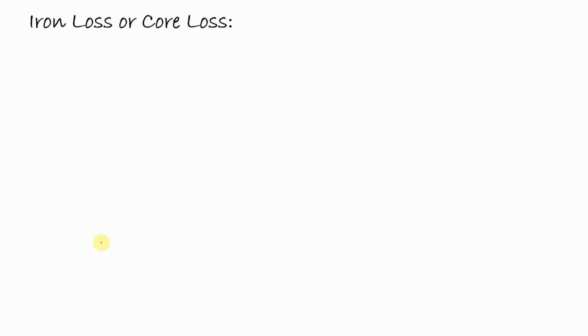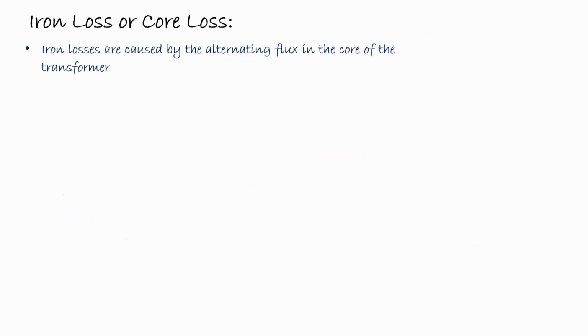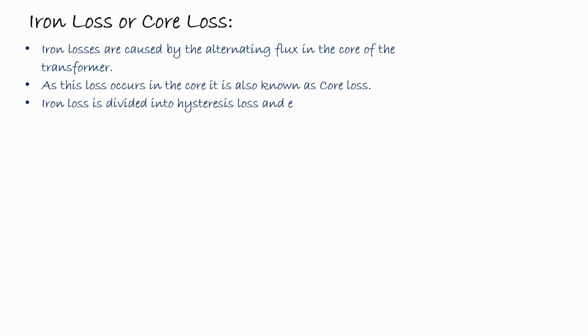First is the iron loss or the core loss. It is basically caused by the alternating flux in the core of the transformer, which we have already discussed. As these losses occur in the core, it is also known as the core loss. It is divided into hysteresis loss and eddy current loss, as we have already mentioned.